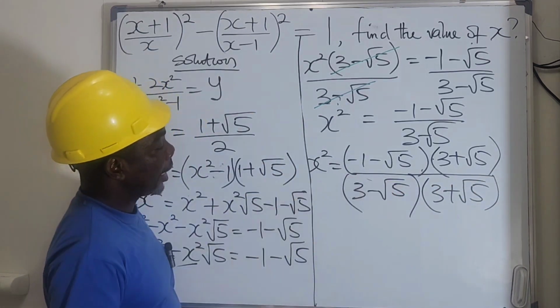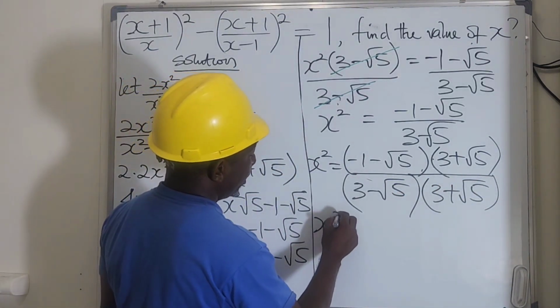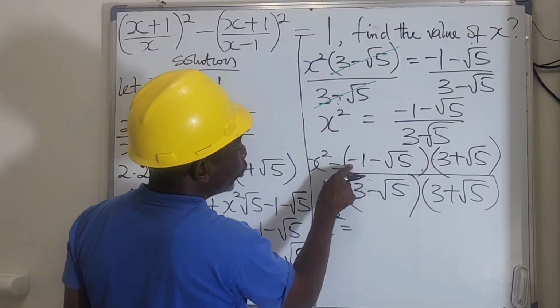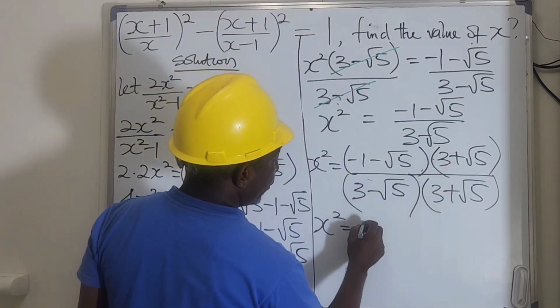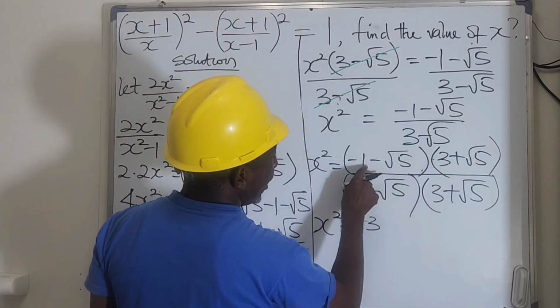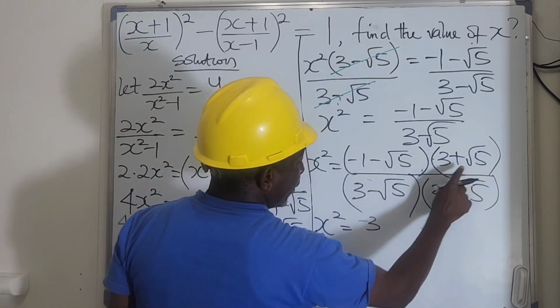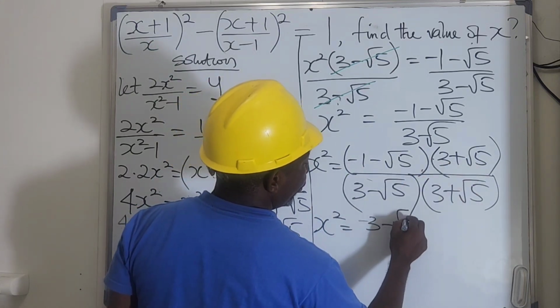To multiply this out, x squared equals, we have minus 1 times 3 gives minus 3. Then minus 1 times root 5 gives minus root 5.